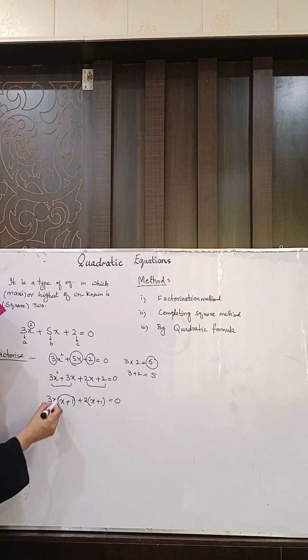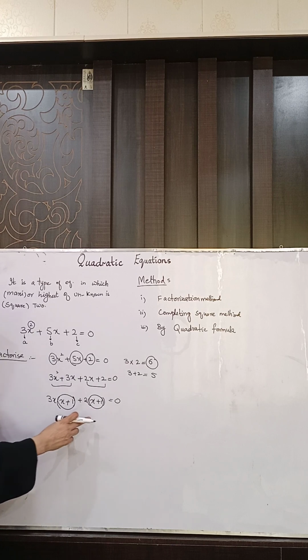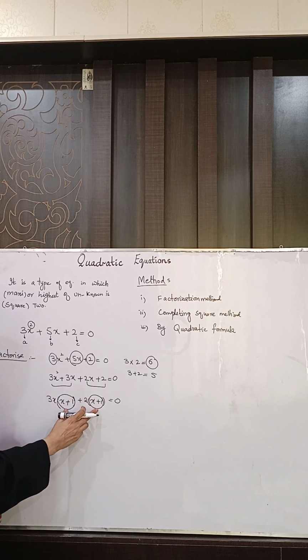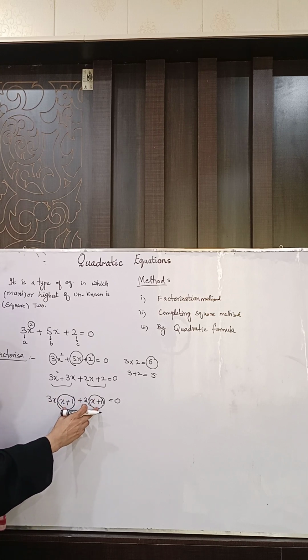The values inside the brackets should always be the same. If there is some difference of sign or digit, it means you are making some mistake. The bracketed terms should be equal in digits as well as in signs.